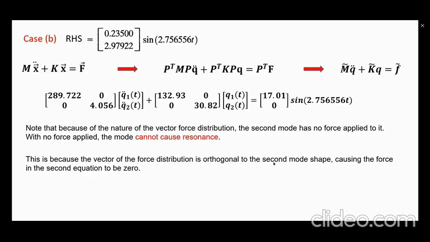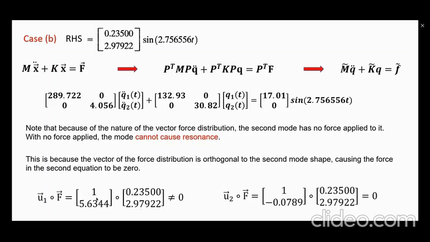If it's orthogonal to the second mode shape, this is the mode shape 2. This is the modal frequency 2, and the mode shape of that is the second column of that modal matrix. It says if this vector is perpendicular to the second mode shape, because that is the second natural frequency.